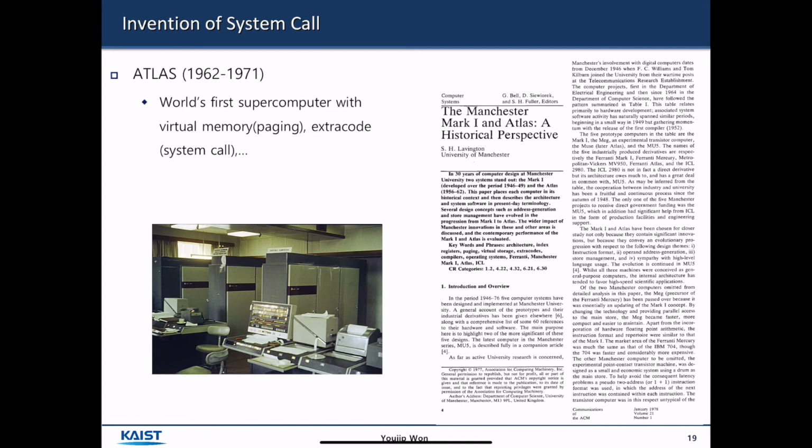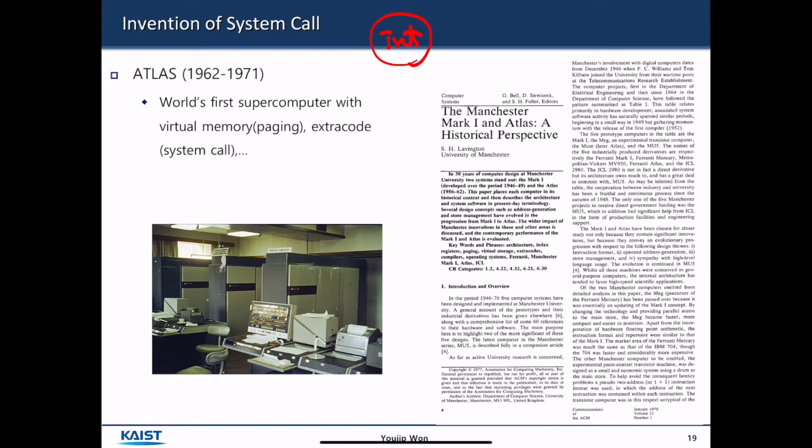While the concept of trap or interrupt looks very simple, it is one of the important inventions in computer history. It was first introduced by the computer Atlas, which is the world's first supercomputer with virtual memory and system call.